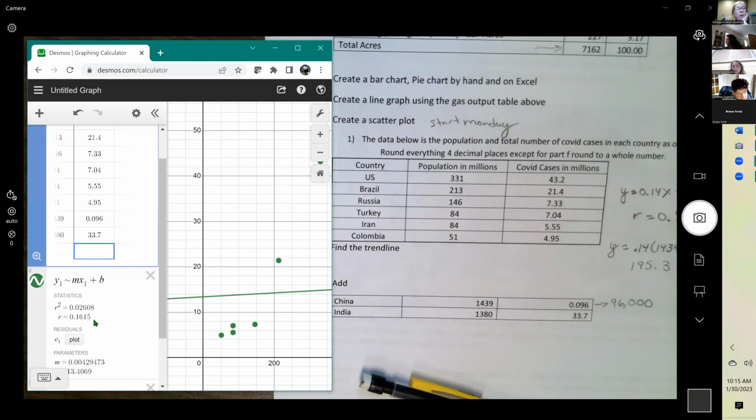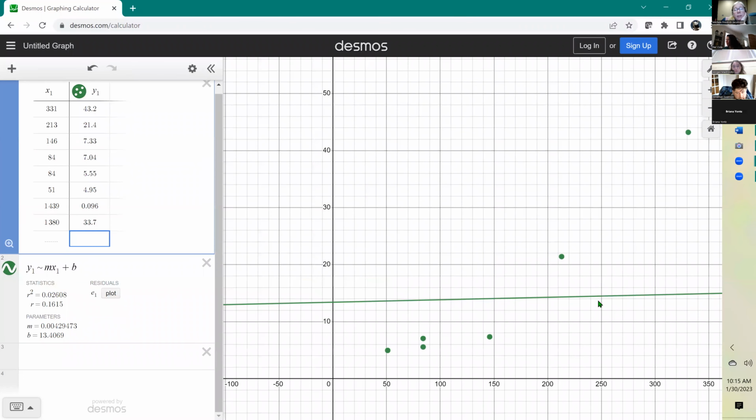Notice how it changed our R. Now it's a very weak relationship. It's almost 0. Notice our line, how it changed.